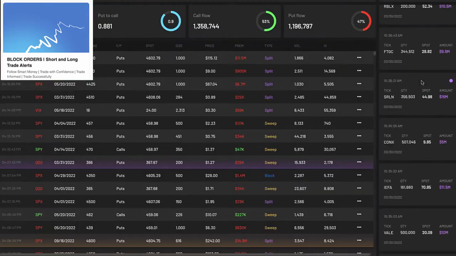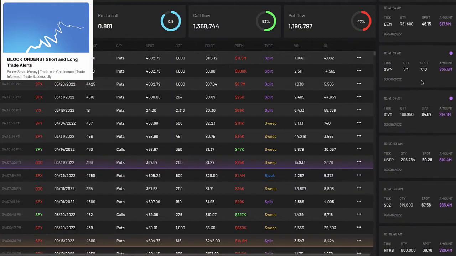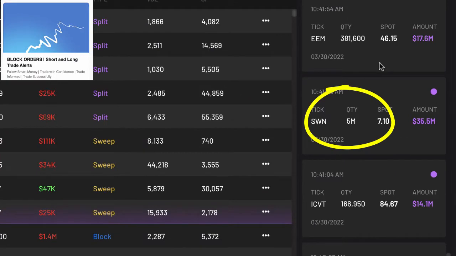Block orders is a place where we identify large dark pool activities within the dark pool exchange, which is an exchange hidden away from the public eye. 40% of smart money traded publicly are traded in the dark pool activity away from everybody's view, so they can do their own business before things get publicized. And so that's the place where block orders we start analyzing. That's the first step of our analysis in terms of finding where activity is happening.